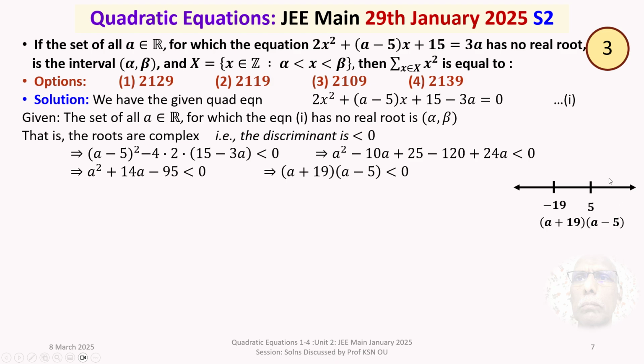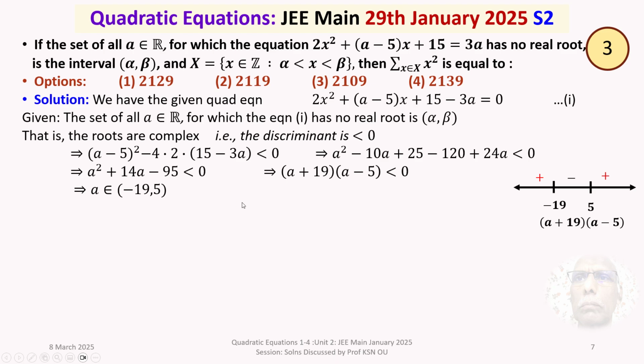Therefore, to the right of 5 it is positive. Then it will be negative and then positive. So now the question is, where is a plus 19 into a minus 5 negative? In this interval, the open interval minus 19 to 5. This implies a belongs to the open interval minus 19 comma 5.